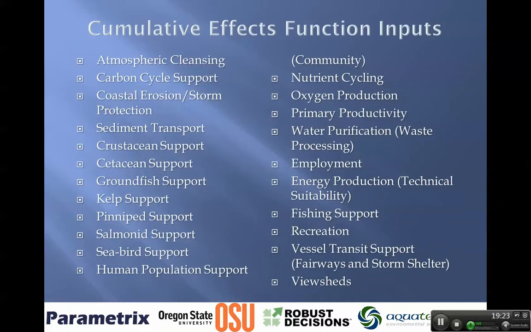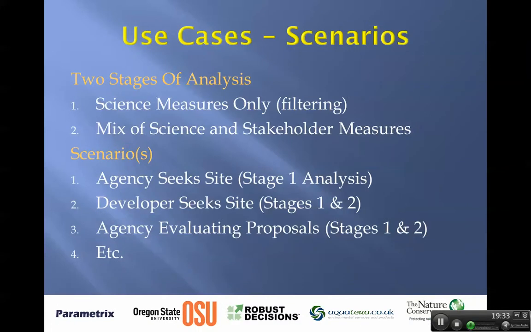Okay, and so here's a list of functions that are going to be in BAS. They're not all in there yet, but this is the planned list, the development list. I'm not going to dwell on that. And then we have a lot of different use cases. We're only going to demonstrate one of these in a couple of minutes. One would be just looking at the science measures only, just filtering for a decent place without getting stakeholder input.